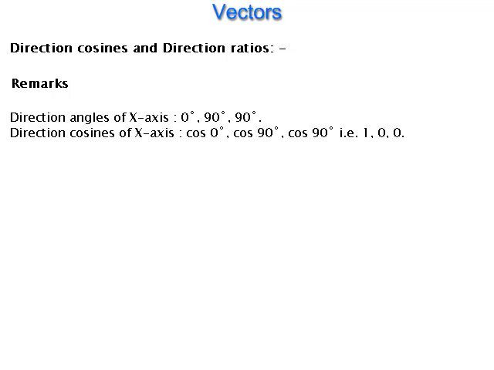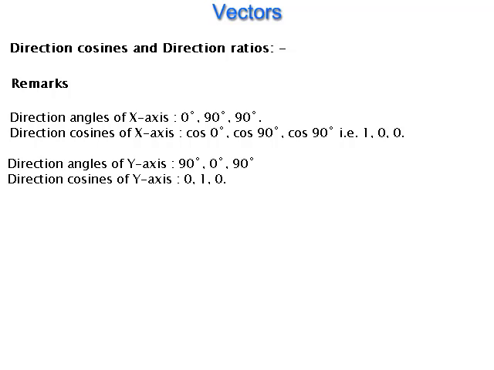The direction angles of the x-axis are 0°, 90° and 90°. Hence, the direction cosines of the x-axis or any line parallel to it are cos 0°, cos 90° and cos 90°, that is 1, 0, 0.